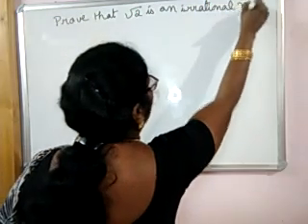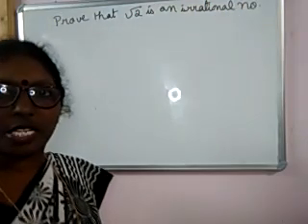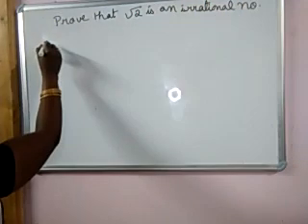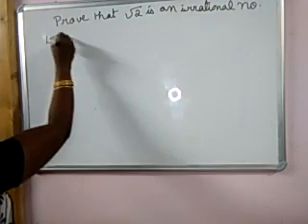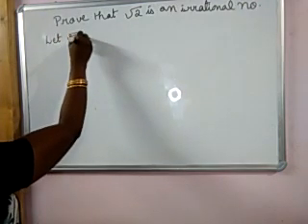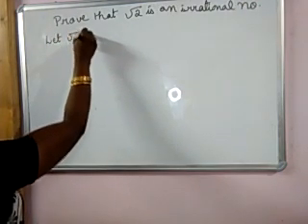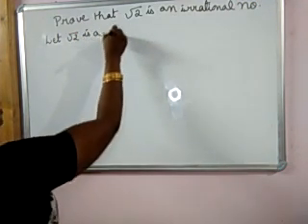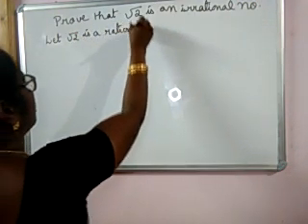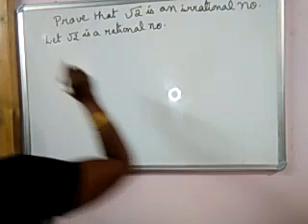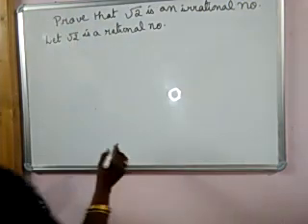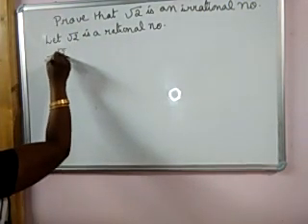We know that root 2 is an irrational number. How to prove it? Let us assume that root 2 is a rational number. What is a rational number?